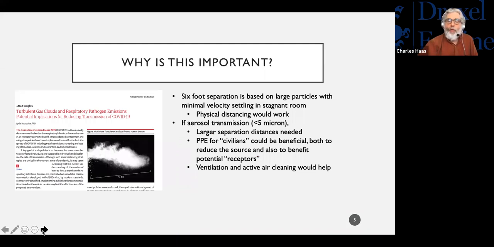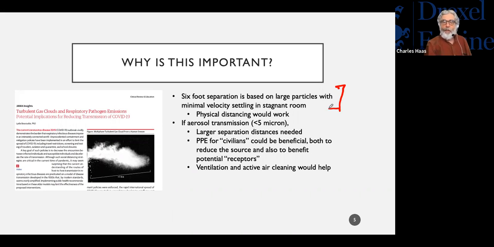The reason why this is important is that if you go into the early literature for the 6 foot or 2 meter separation, it really is based on the idea that in a stagnant air environment, large particles would settle out very rapidly.